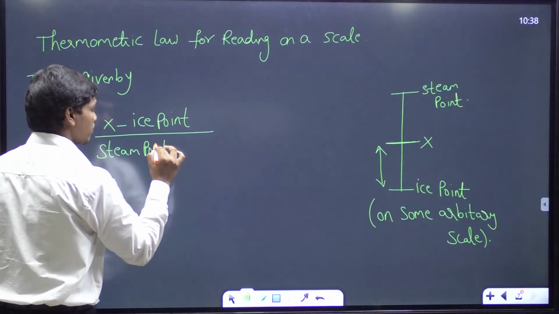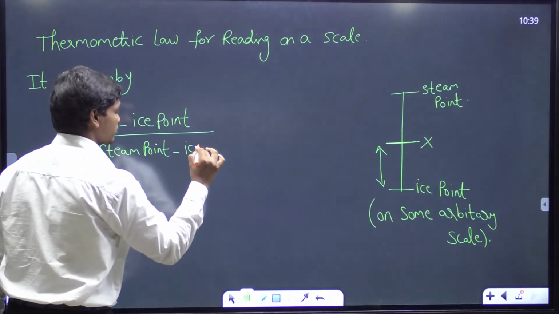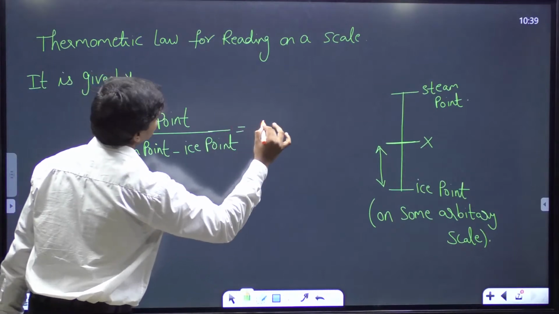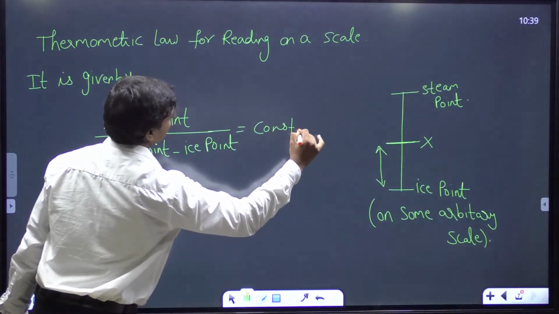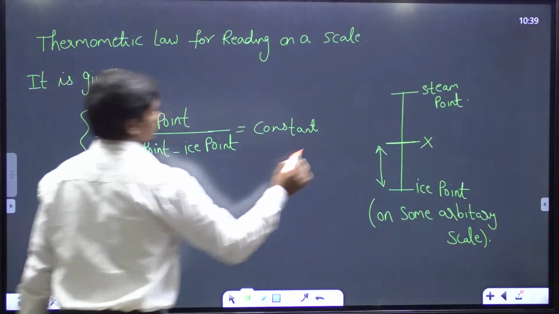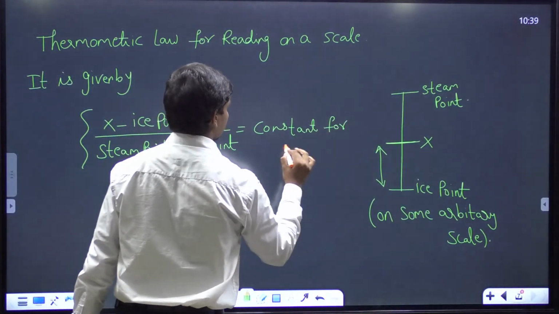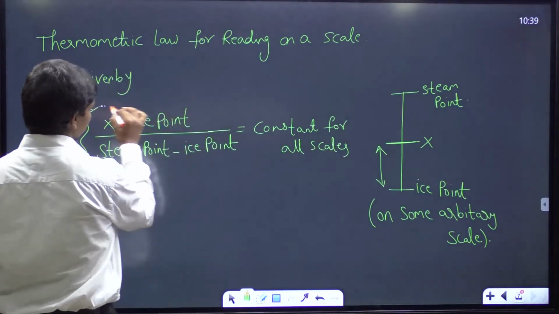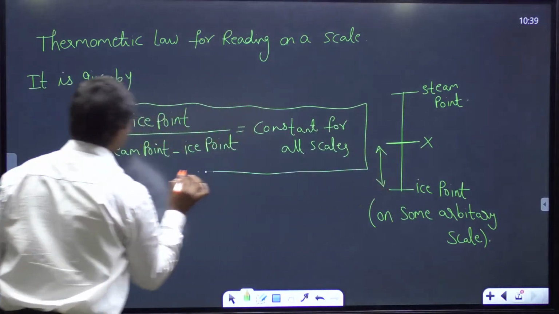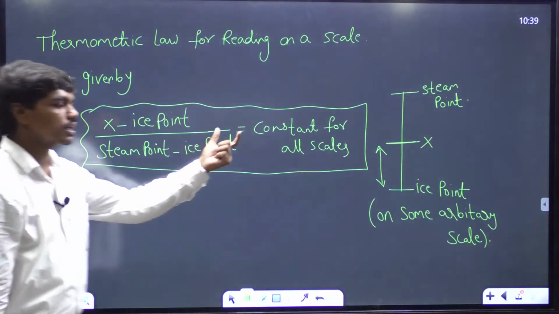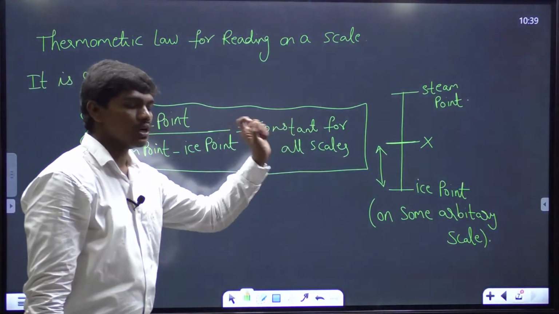Steam point minus ice point is always a constant, which means constant for all scales. If you take two different scales, then definitely this value, X minus ice point by steam point minus ice point, should be constant whenever you consider another two scales.